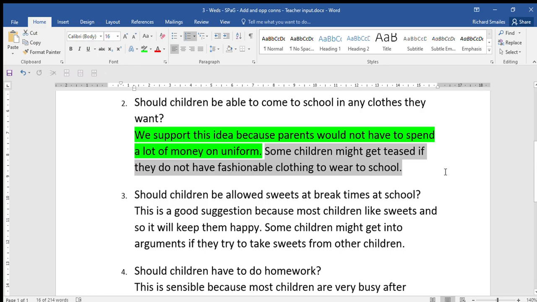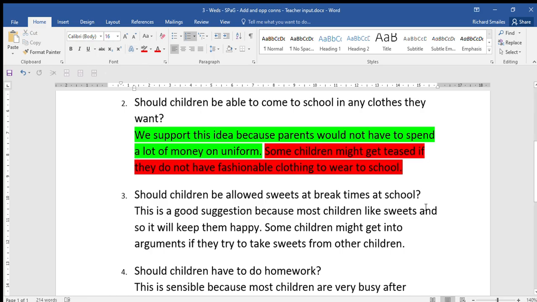So this sentence, the one that I've highlighted in grey, disagrees with the question. It is basically saying no, the answer is no. So therefore we will highlight that one in red.